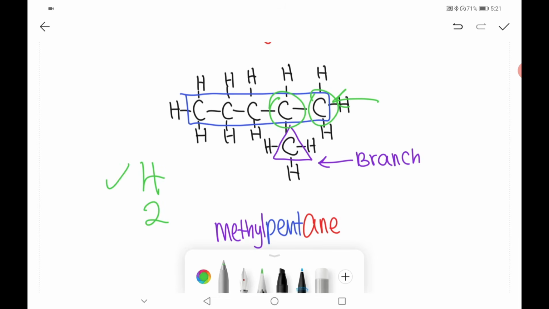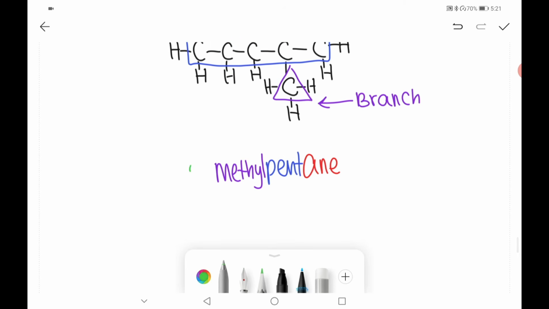If you count from the right hand side, this is 1 and 2, it is on number 2. Always choose the smaller number. So the smaller number here is 2. So this substance is called 2-methyl pentane.